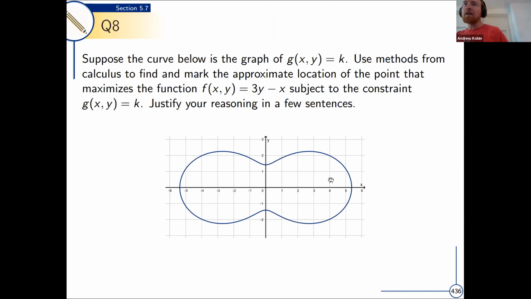So to finish, here are a couple problems for you to look at. Here is a graph and a function, and you should identify possible locations of points that maximize this function. And my suggestion for this problem is to do so geometrically, using the notion of the direction of the gradient vectors for each of these functions.